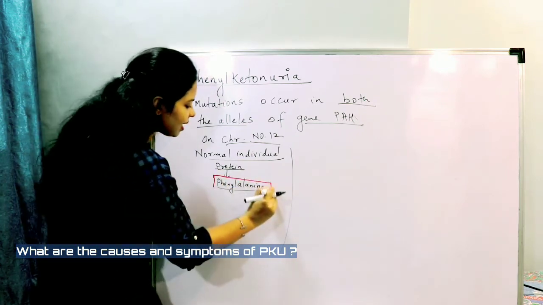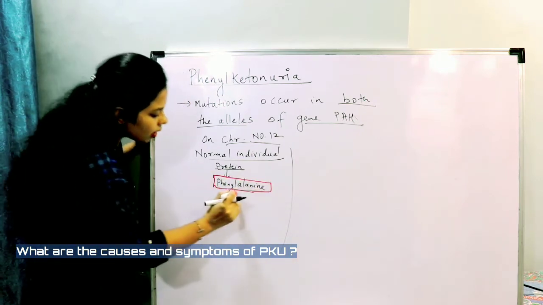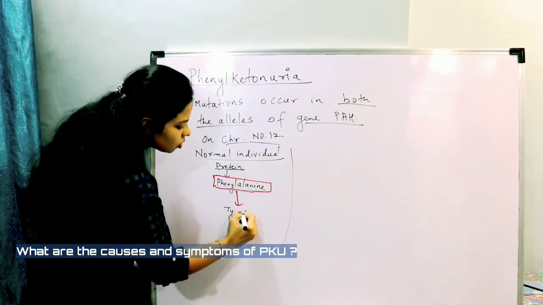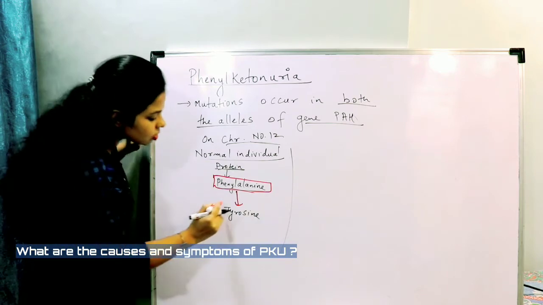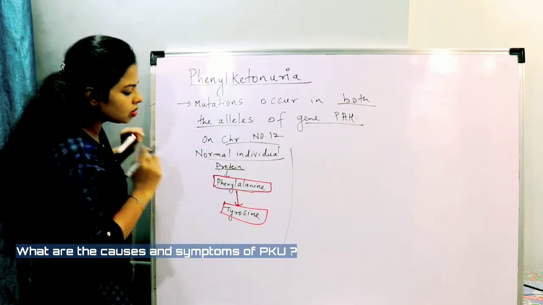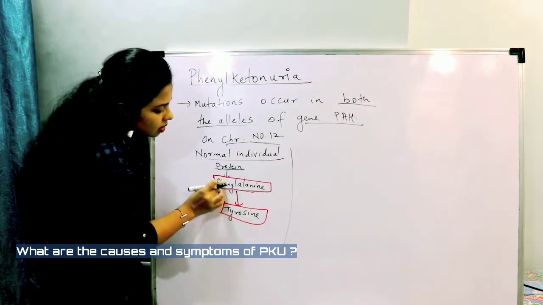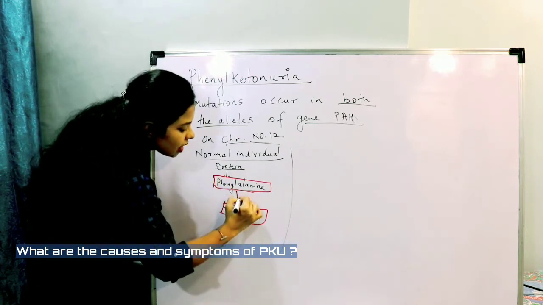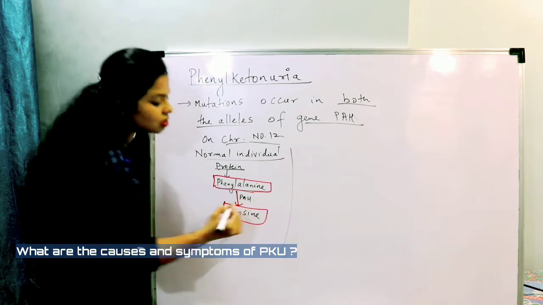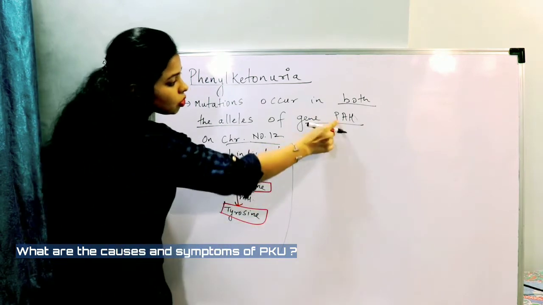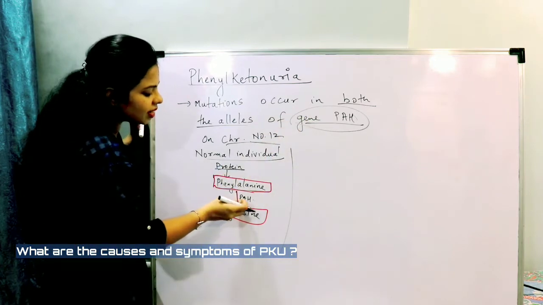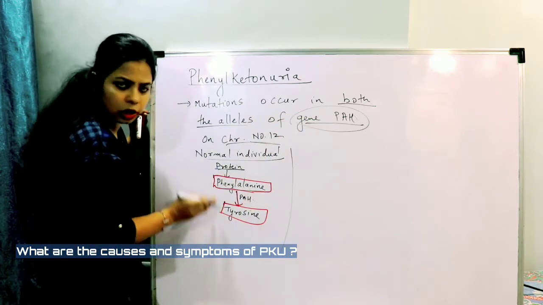Now this phenylalanine is converted to tyrosine in normal cases. This is also an amino acid. This conversion occurs with the help of the phenylalanine hydroxylase enzyme, which is coded by this gene. So this gene codes for phenylalanine hydroxylase and thus the conversion occurs.